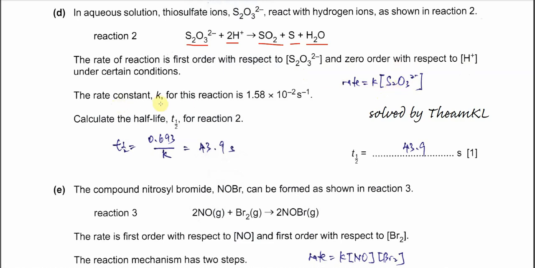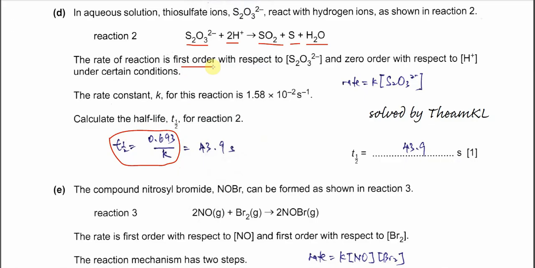And the rate constant for this reaction is given as 1.58 times 10 to the power negative 2. Therefore, calculate the half-life for reaction 2. Of course, you need to memorize how to calculate the half-life for a first order reaction.